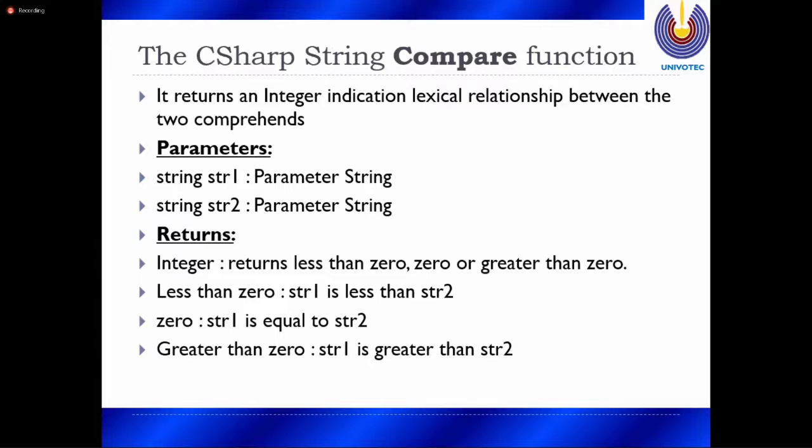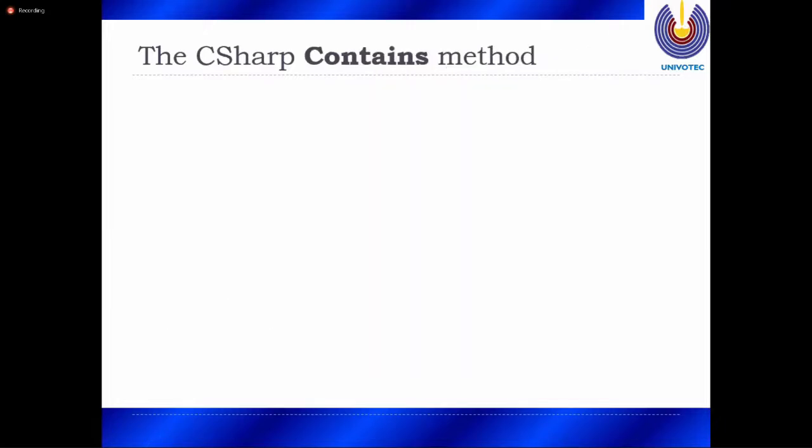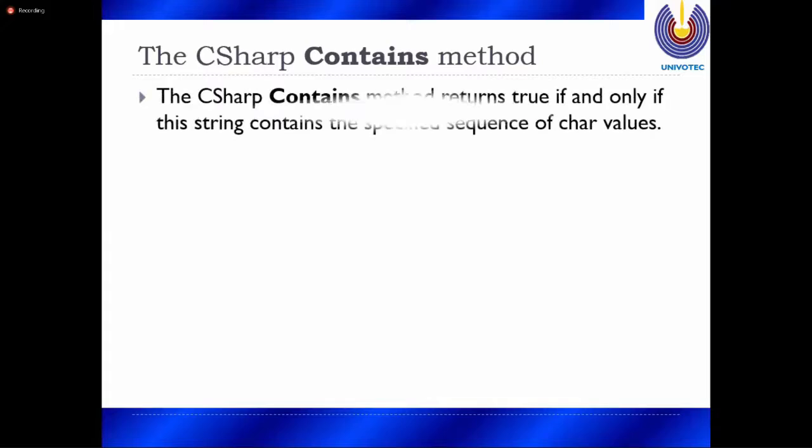Greater than 0 means the first string is greater than the second string. Equal is 0, so both strings are the same, and you can say the password is okay. Now another method, the C# Contains method.